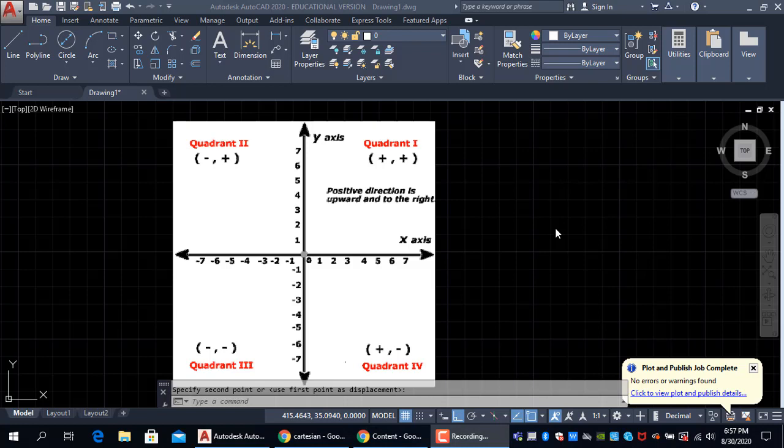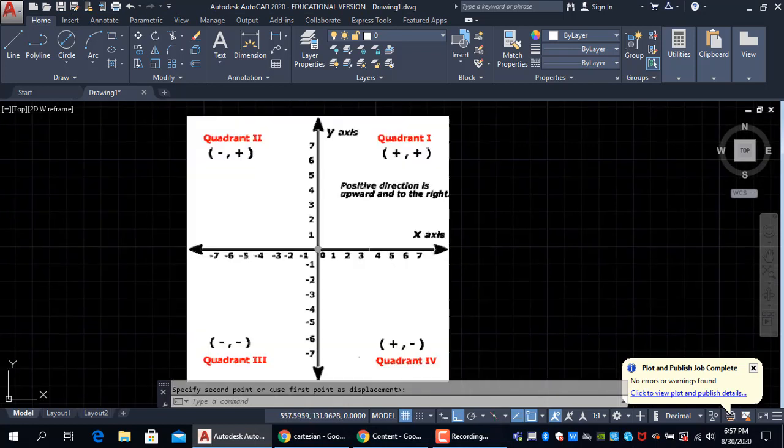Okay, we have a lot of points, and again, going back to your math classes you have taken before, we have an x and y coordinate. Okay, x runs left to right or right to left, and y runs up and down.